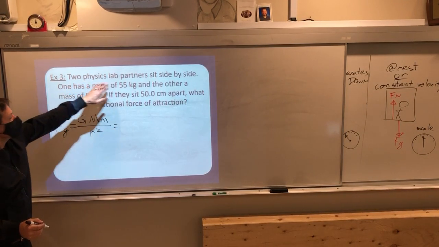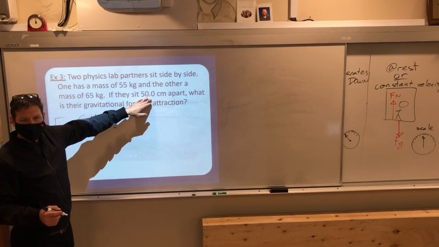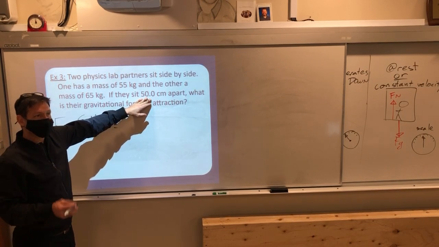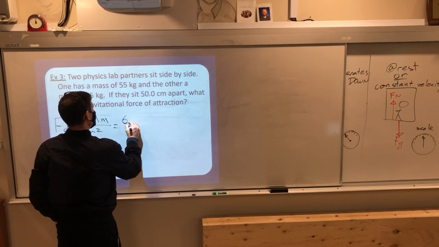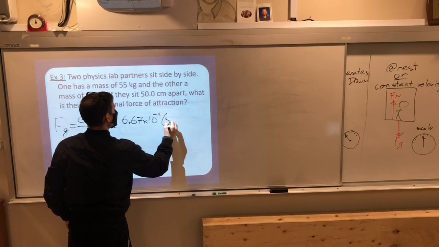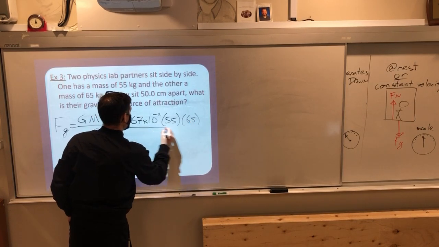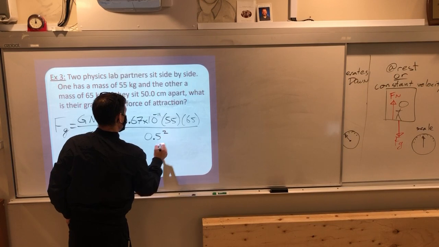We're going to put in 55 kilos and 65 kilos and 50 centimeters apart. What would I change that to? Meters. Good. So how many meters is that? 0.5. Good. So we have to put in our big clunky constant, but now we just get 55 and 65. We put that all over 0.5 squared.